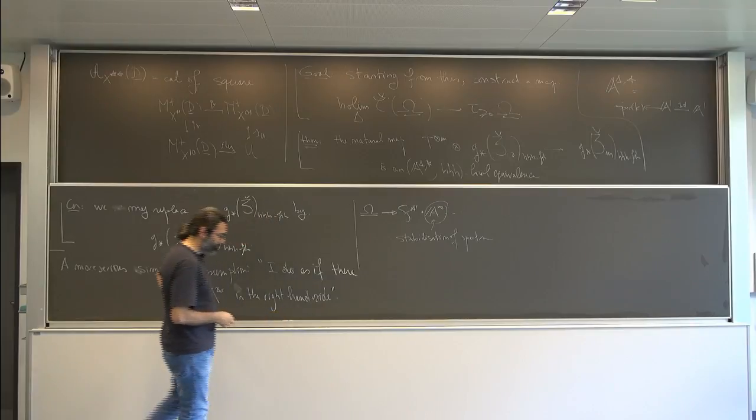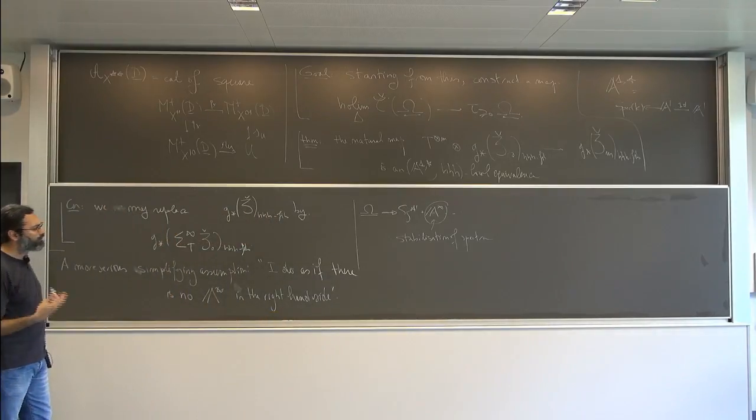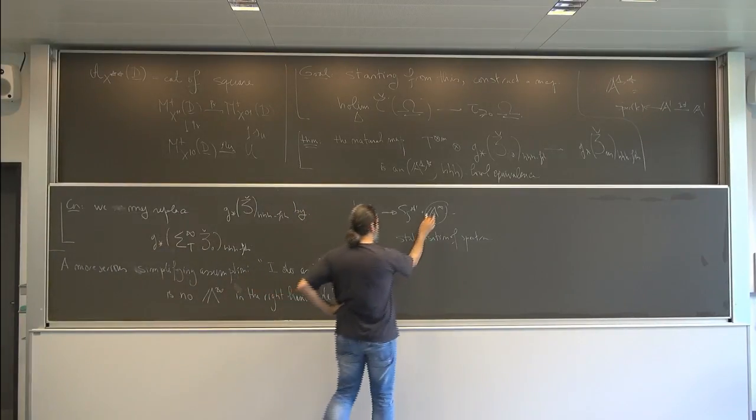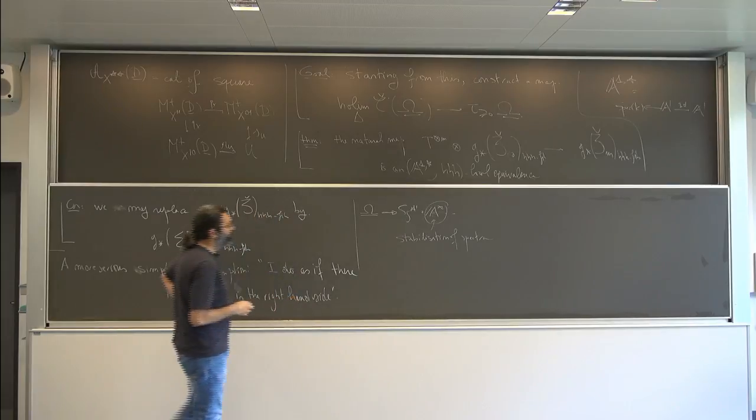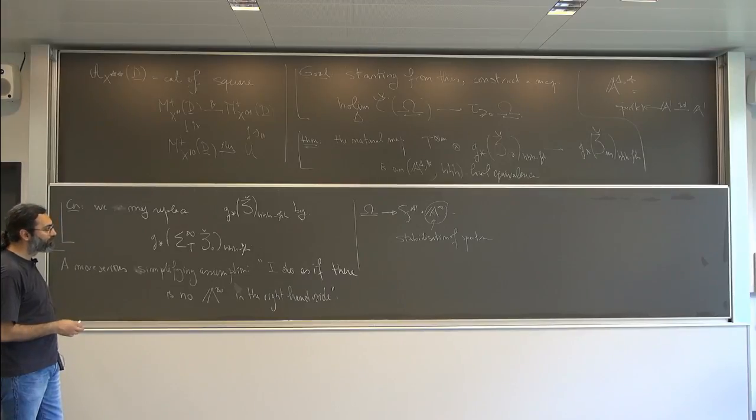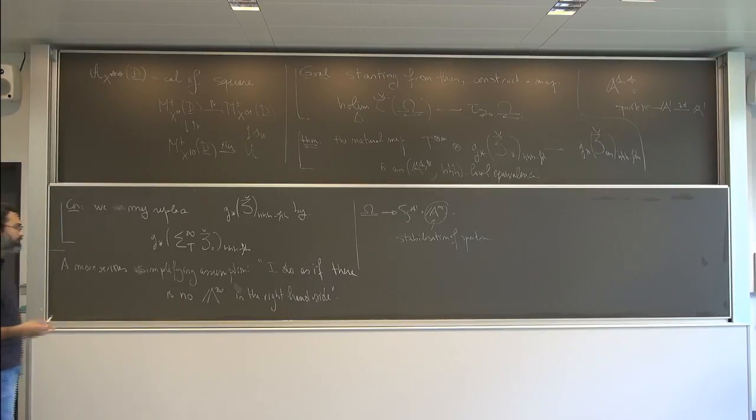The reason why I do this is because I think the main ideas will be already apparent without having to deal with this. It's a choice of things that I will not describe. Okay, so I hope it's fine.